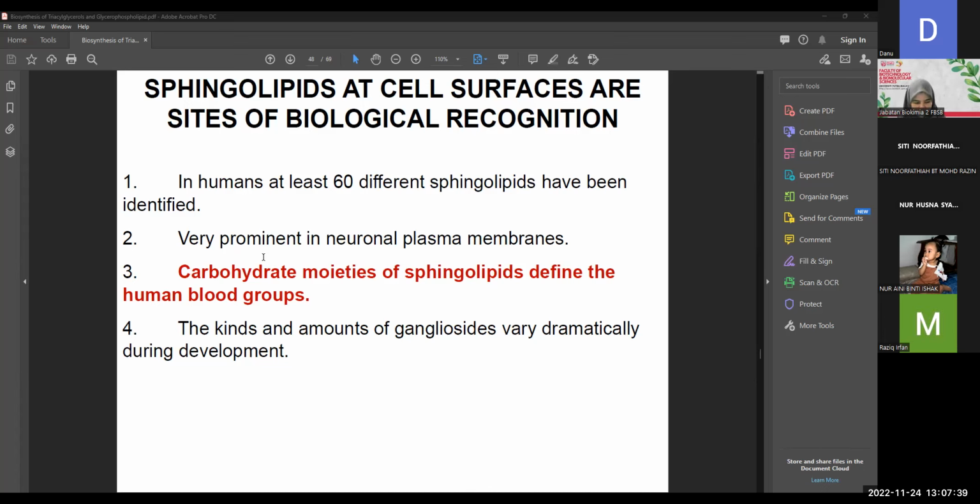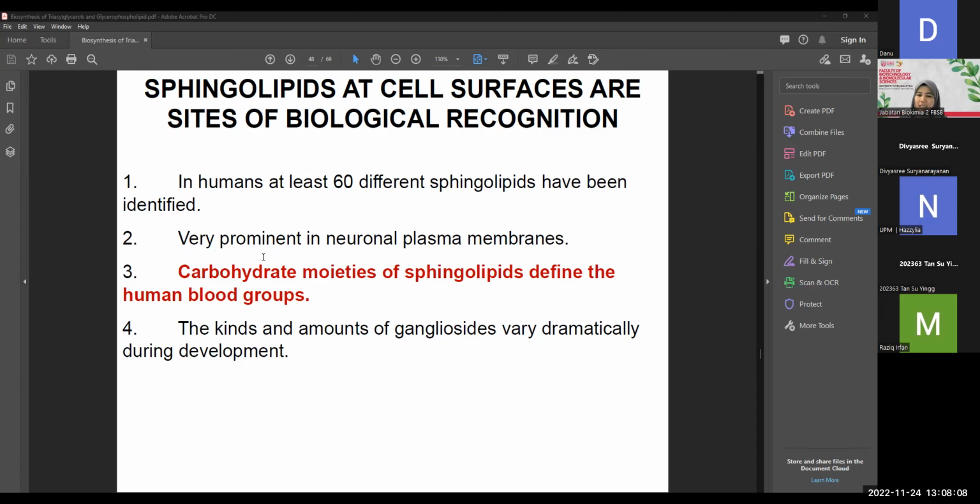A, B, and AB, and O. So which one is the universal donor? O. So which one is the universal recipient? AB. All right. I hope each one of you knows your blood group.